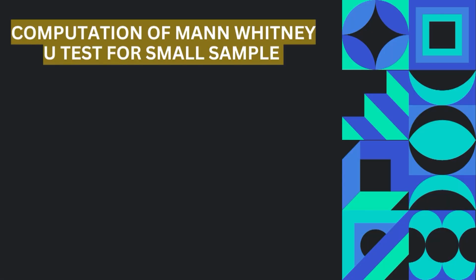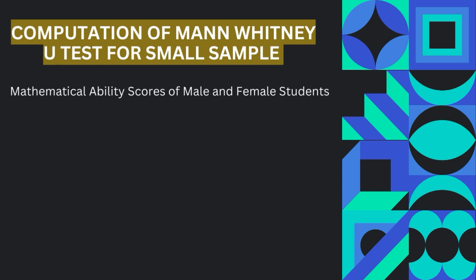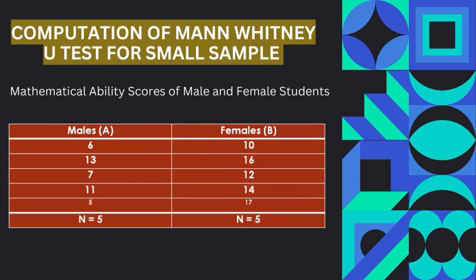As you can see here, these are the mathematical ability scores of male and female students, which are presented in table 1.1. In the males category, mathematical ability scores are 6, 13, 7, 11 and 5, and the sample size, as you can see here, is 5.